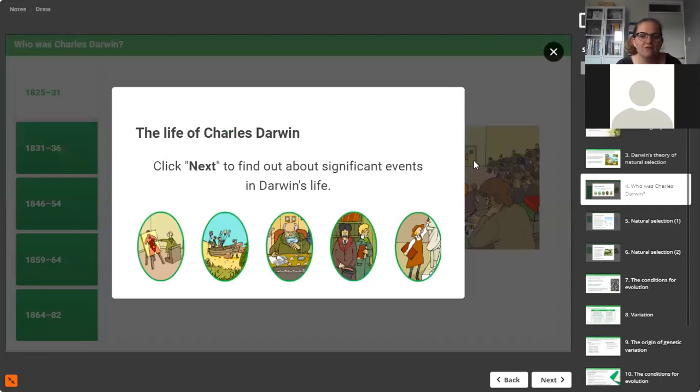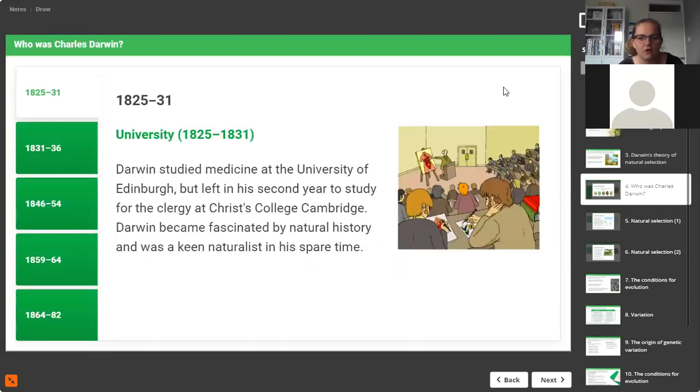So, Charles Darwin, you have to know a little bit about his life. So we'll just have a quick flick through this. In 1825 to 1831, Charles Darwin went to university and he actually studied medicine at the University of Edinburgh. But he left in his second year to study for the clergy, so to join the church at Christ's College in Cambridge.